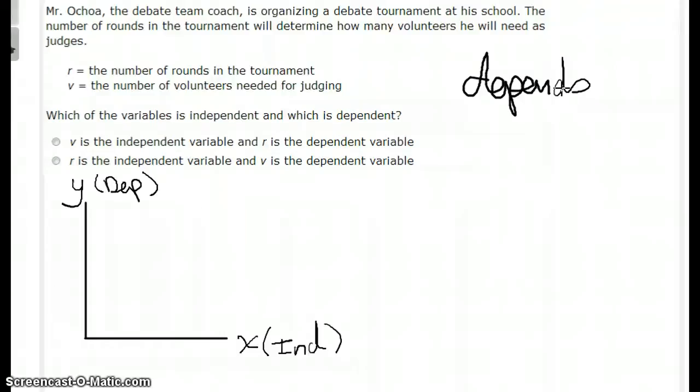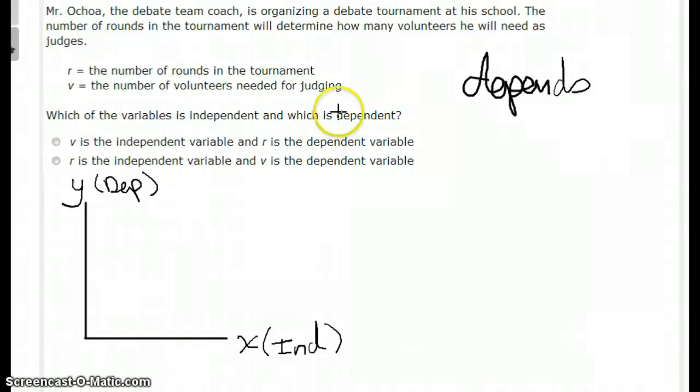Okay? The number of volunteers needed depends on the number of rounds in the tournament. So which comes first? Which did we decide first? The number of rounds or the number of volunteers? Well, I think in this case we're saying that they decide how many rounds, and then they go out and find out how many judges.